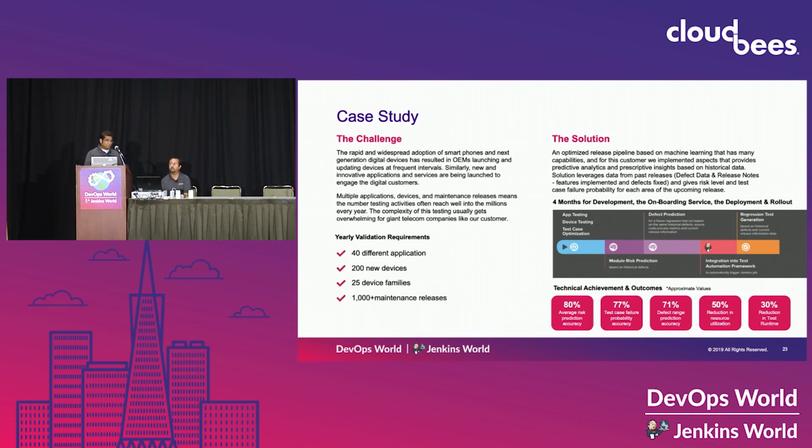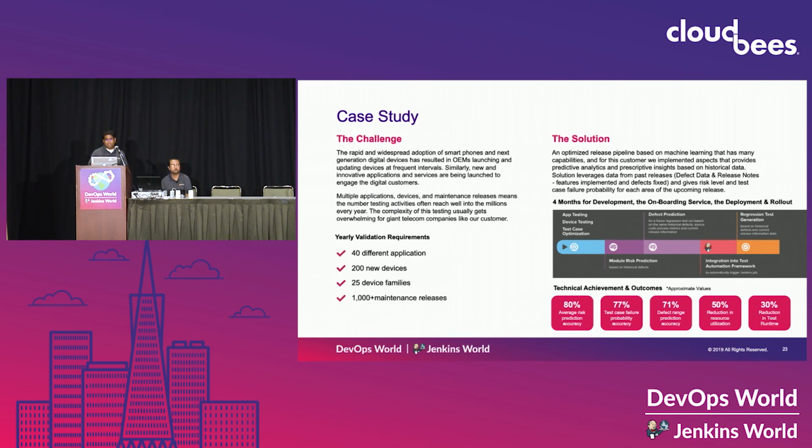Not so much in North America, but in Europe a lot of vendors are pumping out these new devices, and it's important that all these applications are tested on all these devices before you release, or bless, those devices.